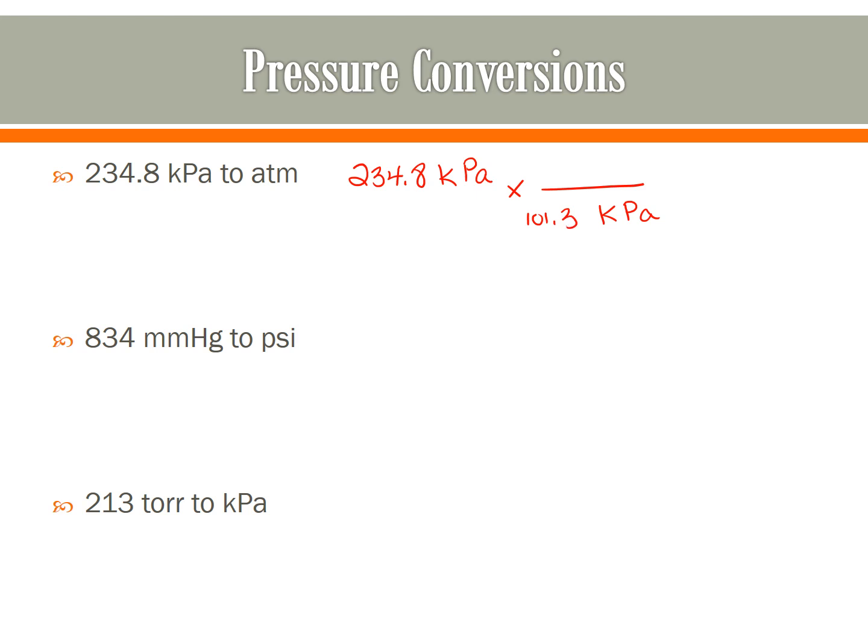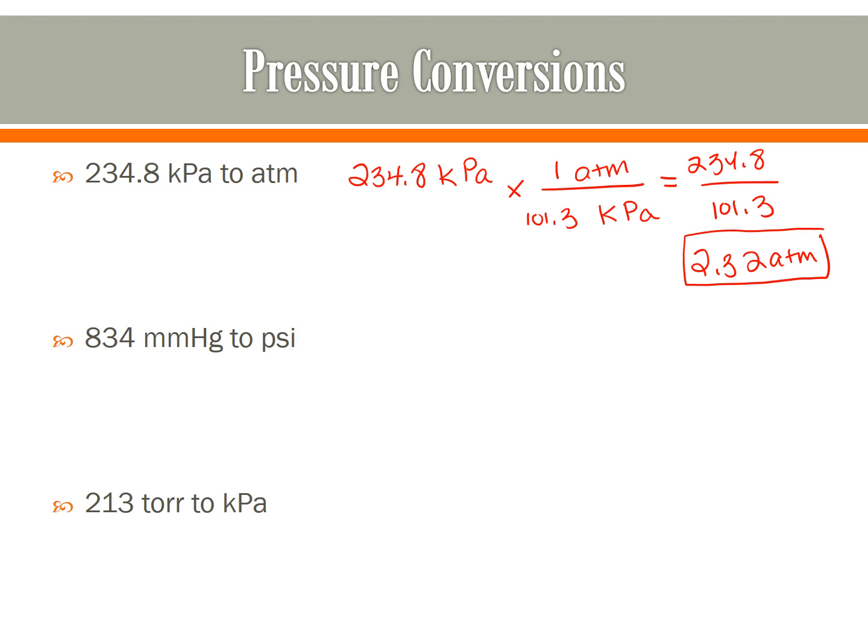I'm trying to cancel out kPa, so they have to go across from each other. 1 atmosphere, the number with ATM was 1. Then you're going to do 234.8 divided by 101.3, which is going to be 2.32 atmospheres.